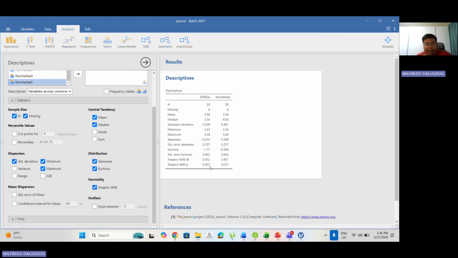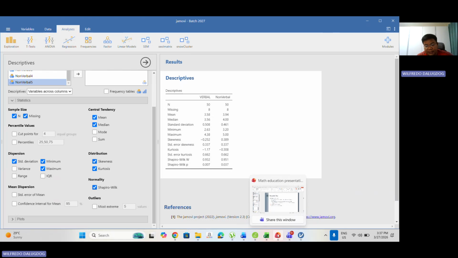Since this is less than 0.05, and the same with nonverbal sexual harassment, 0.037, we can now decide using skewness, kurtosis, and the Shapiro-Wilk test that the data was not normally distributed.